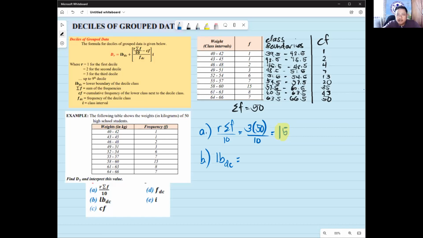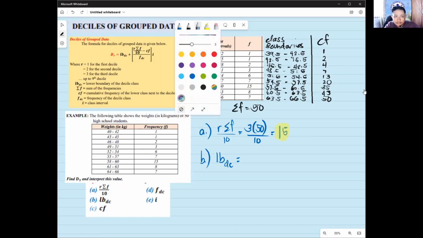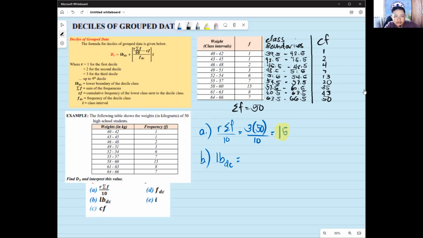Correct. Very good. 15 is in between 13 and 20. It's here, right? 15, which was taken from your letter A. Can you follow? So because of that, we will always get the bigger number or the next number after 15.